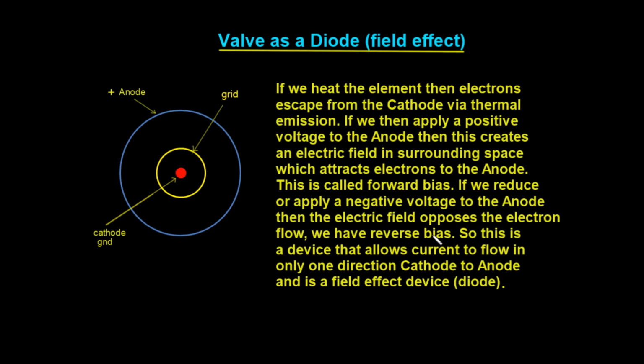We have here then reverse bias. So this is a device that allows current to flow in only one direction, that is from the cathode to the anode. So what we have created here is a field effect device, which we could call a diode.